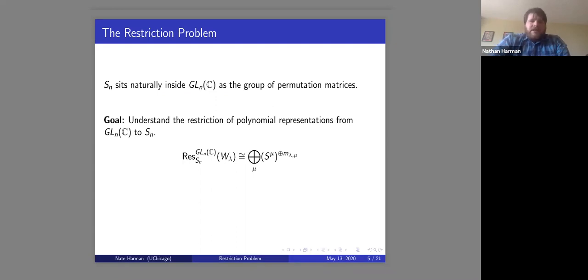The restriction problem and the algebraic structure that arises in it. And the point is, the symmetric group sits inside the general linear group as permutation matrices. A very natural action, or maybe even more natural, you can think of it as having a functor from finite sets to vector spaces that is just the free vector space functor. So it sends a finite set to the vector space of formal linear combinations of that set.